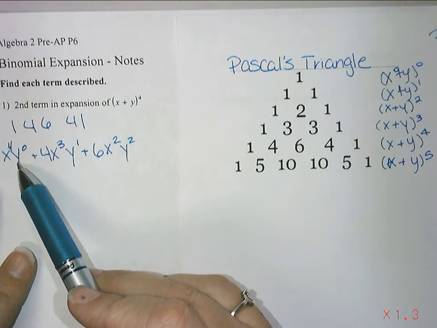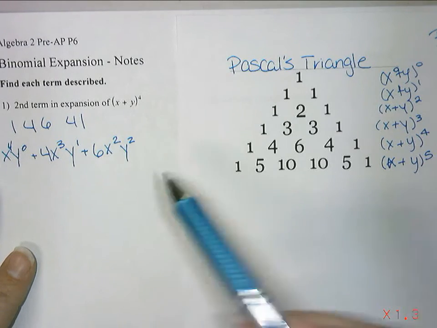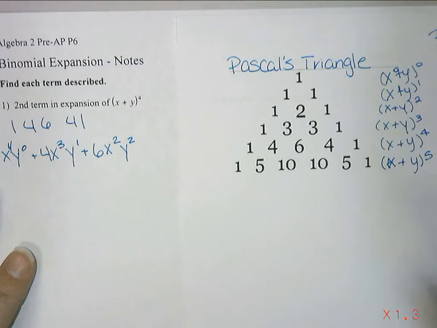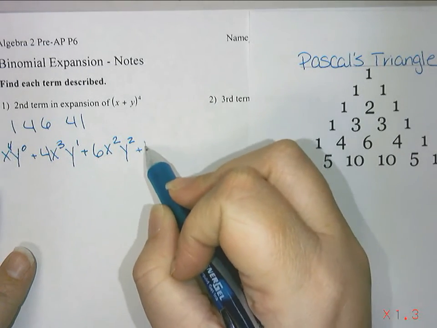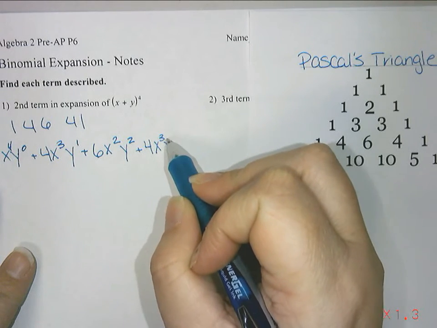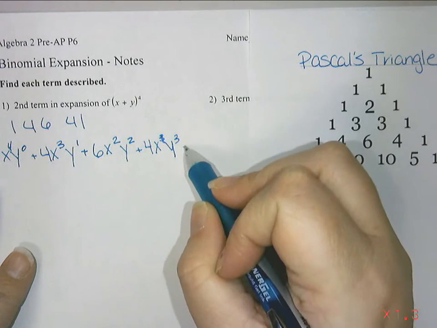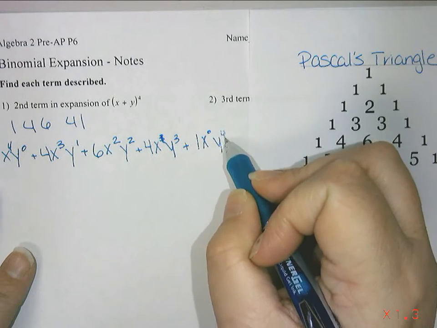So our y's are going up, 0, 1, 2, all the way until you get to 4, and then the x's go from 4 to 3 to 2, and it's going to go down to 0. So our next coefficient is 4, and then x goes to the first power, and then y goes to the third power. And then we have the 1 with x to the 0 power and y to the fourth.